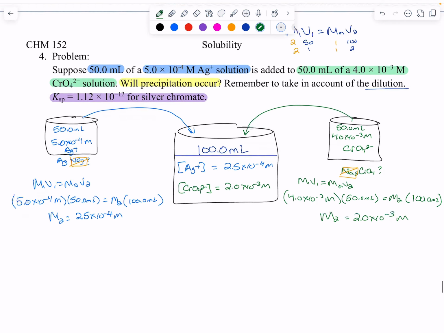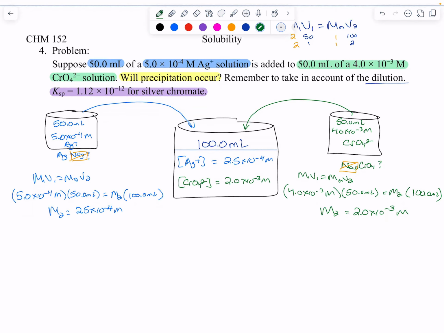All right. Now, what is the reaction? Silver chromate. All right. So we got to have Ag2CrO4 solid going to 2 silver ions and chromate.